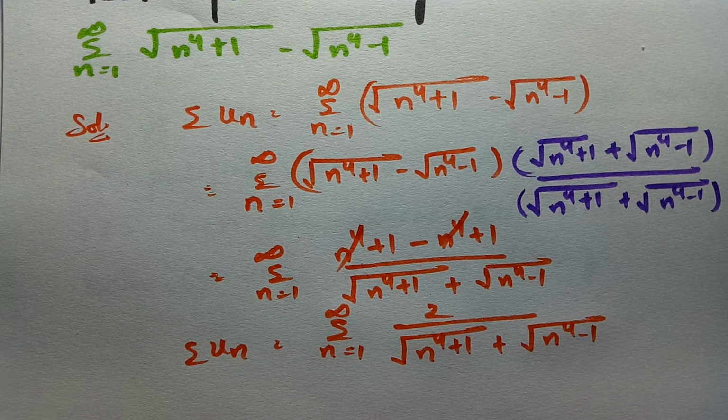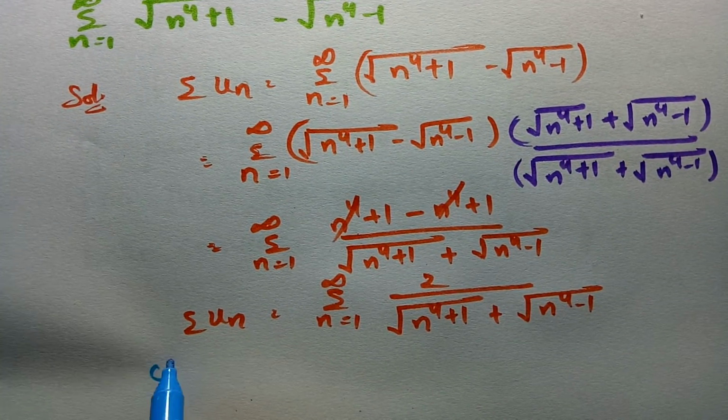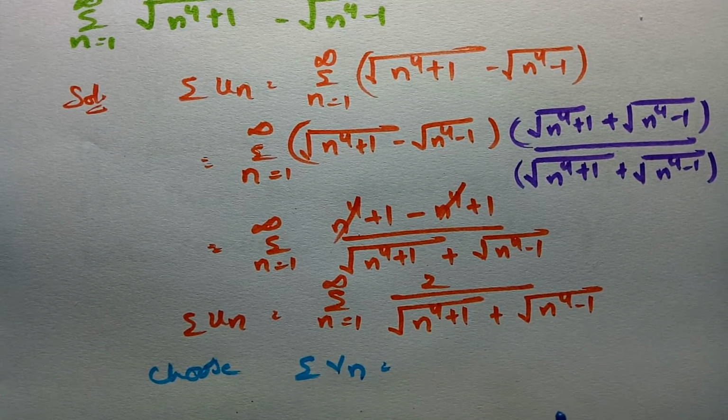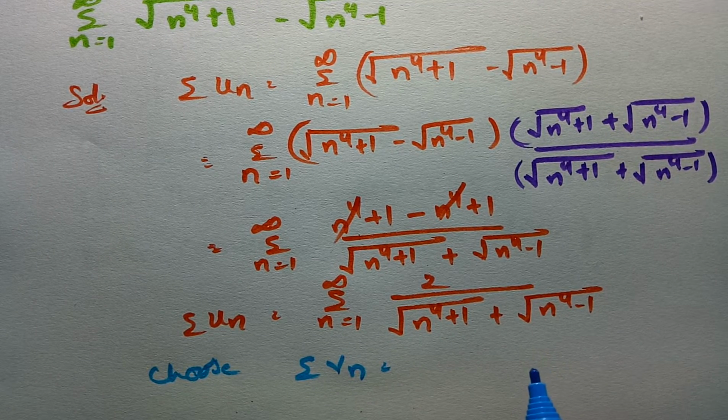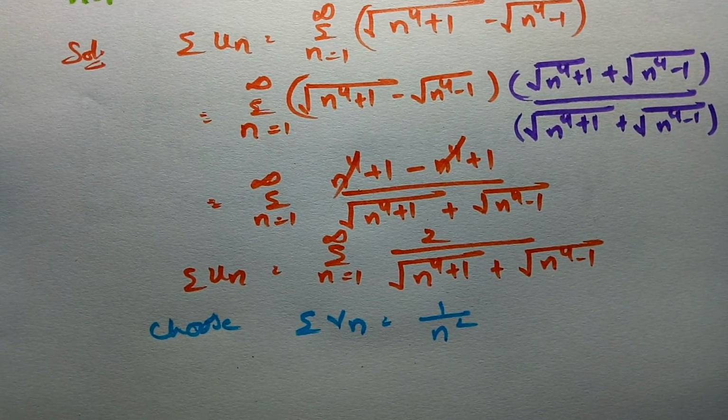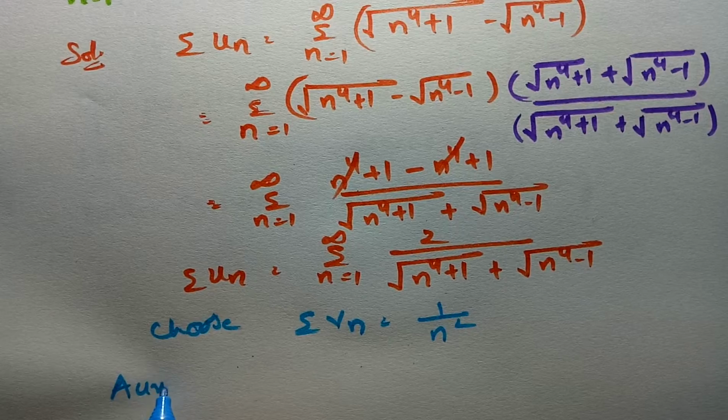To solve this, we have to use the auxiliary test. For that we have to choose vn. So from this, what will be vn? The vn value will be 1 by n square according to the auxiliary series test.